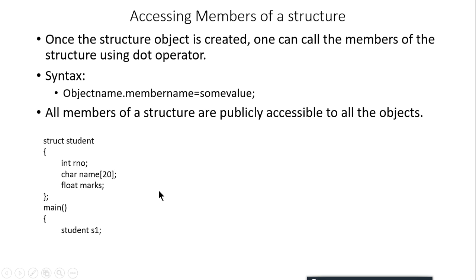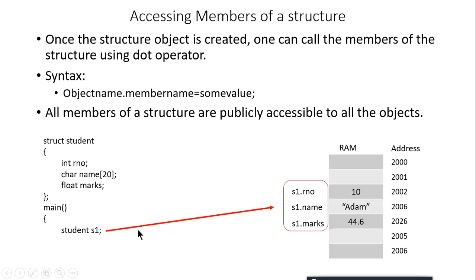So how will you do it? Suppose you have created this structure student and you have created the object student s1. To access these members, you write s1 dot roll number, s1 dot name, s1 dot marks. When you have created the structure object s1, let's say it has three attributes, roll number, name, and marks. So 3 blocks will be created.